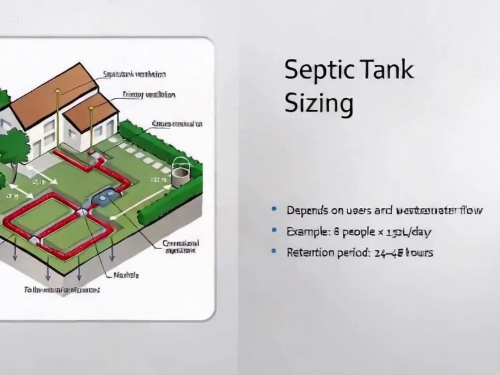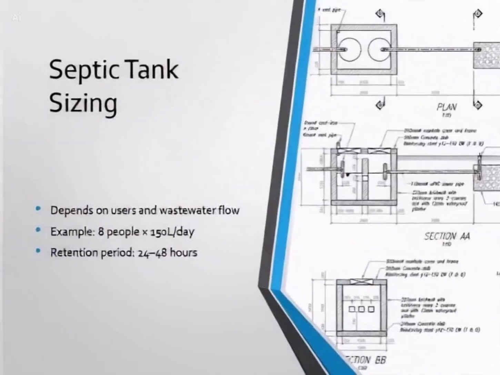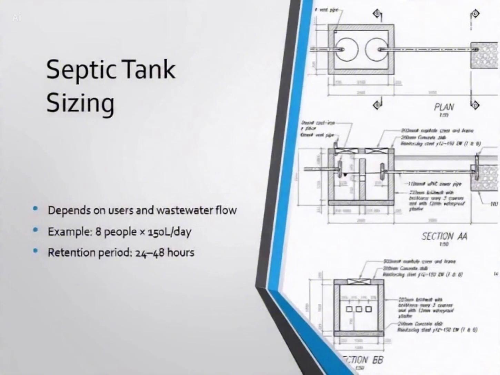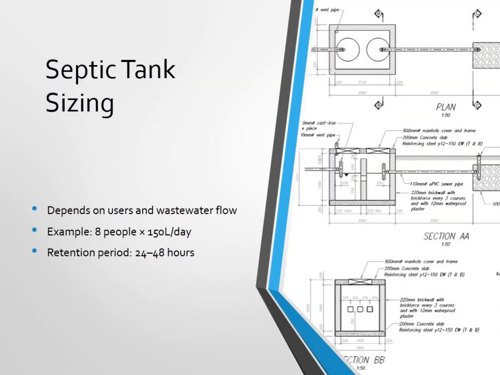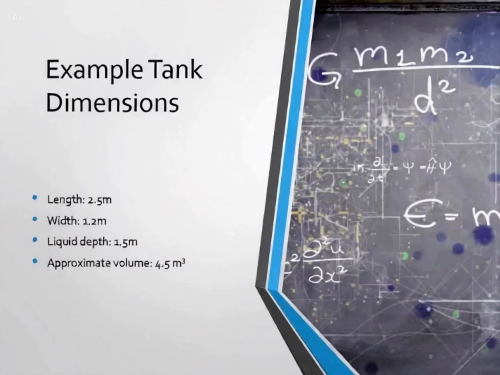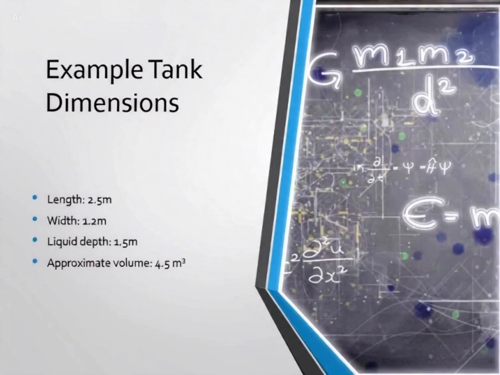Septic tank sizing. Now let's size the septic tank. The size depends mainly on the number of users, daily wastewater flow, and retention period. In this example, we are going to design for a 4-bedroom house, a dwelling for 8 persons. We assume that 150 liters of water is allowed per person per day.